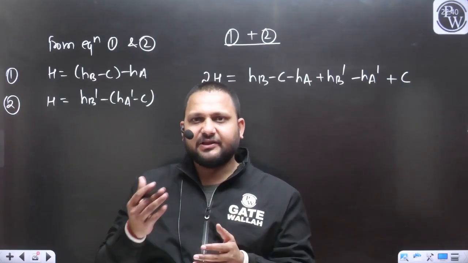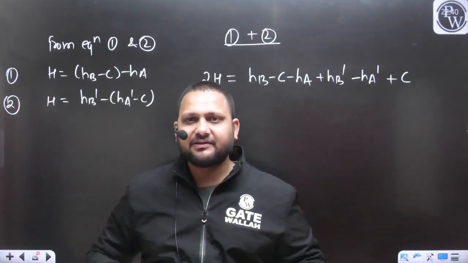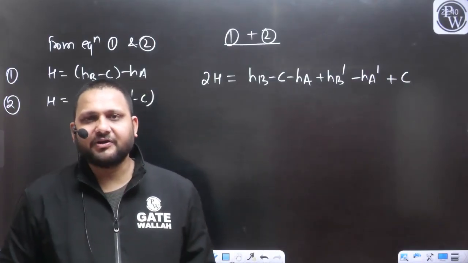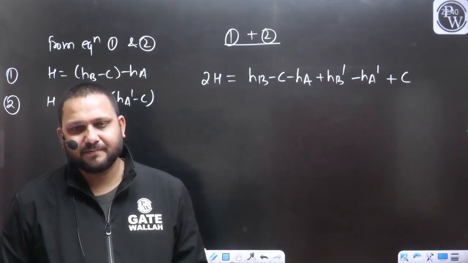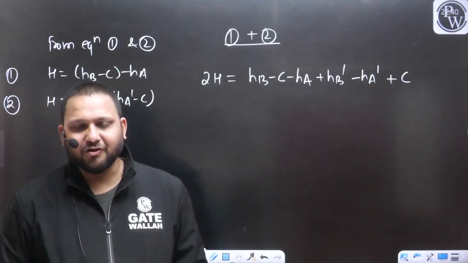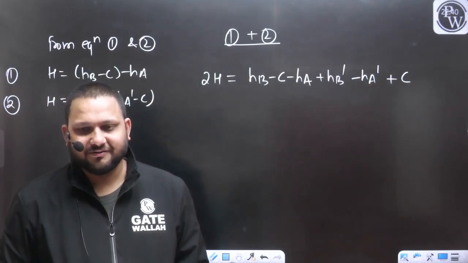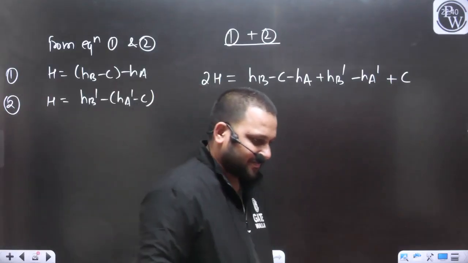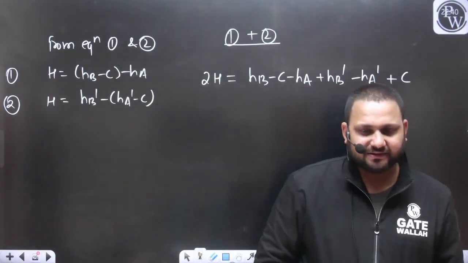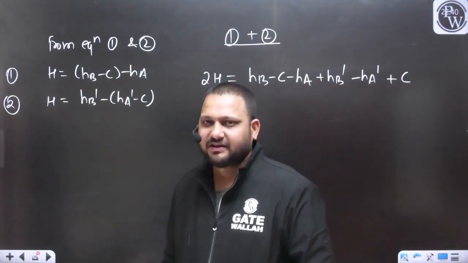When you shift the instrument, how will you get the same staff readings, dear? How will you get the same staff reading? What are you talking about? This is geodetic leveling.